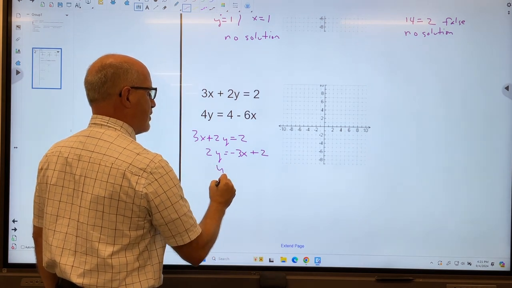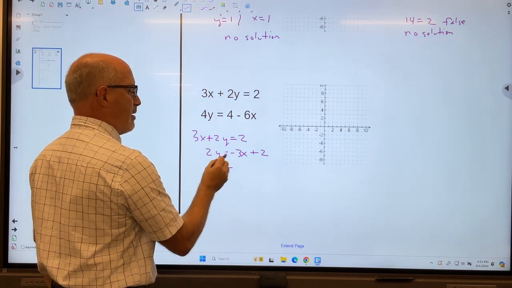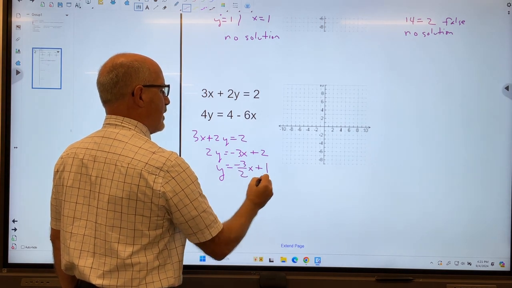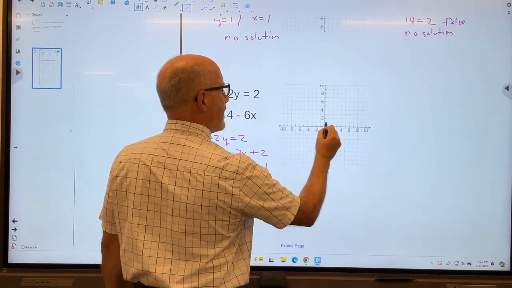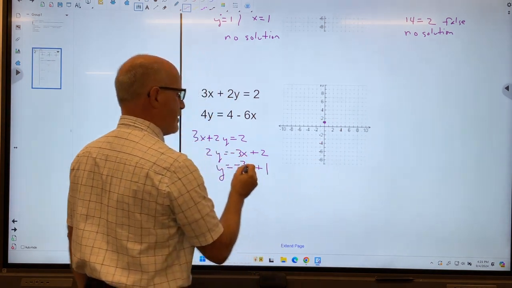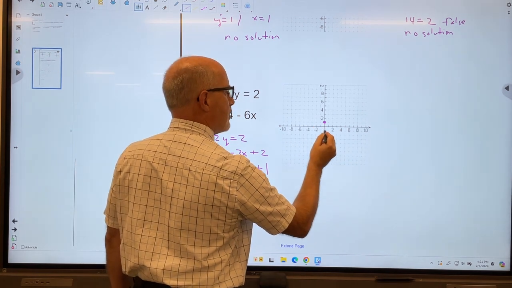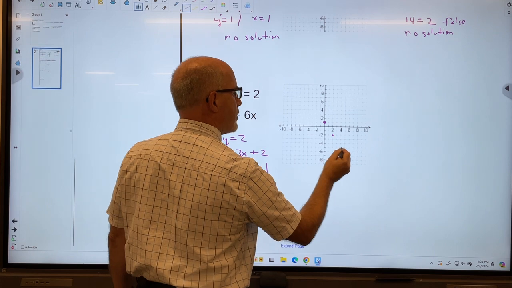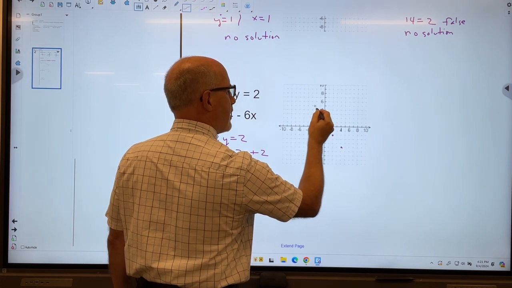Divide by 2 on both sides. If I divide by 2, I get negative 3 halves x plus 1. So when I graph that, I get a 1 here. Start at 1 on the y-axis. Then down 3, 1, 2, 3, over 2. Down 1, 2, 3, over 2. Draw the line.